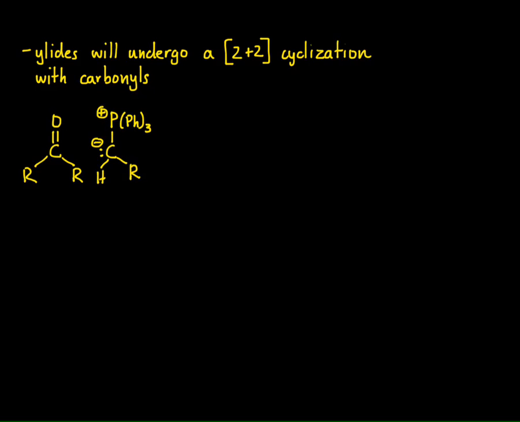If we think about what's taking place here, that carbon is nucleophilic and the phosphorus is electrophilic. So the carbon can donate a pair of electrons to the carbonyl carbon, and the carbon-oxygen bond breaks, and those electrons go to the phosphorus. And we produce a cyclic structure that looks like this.